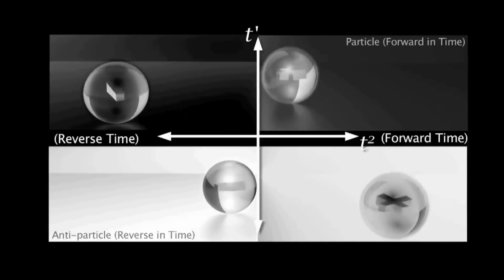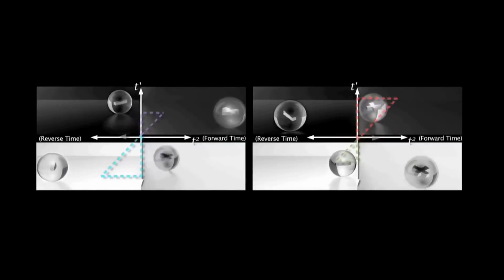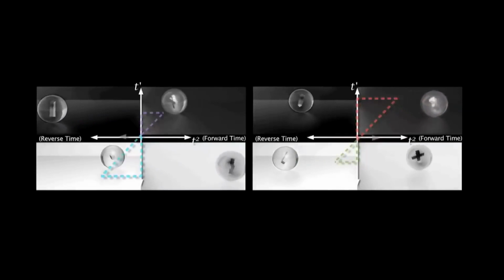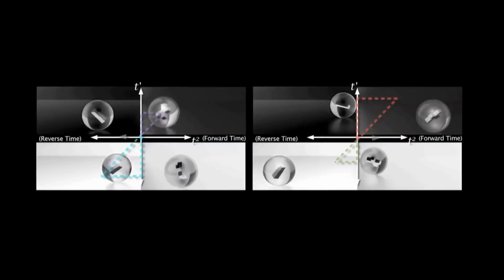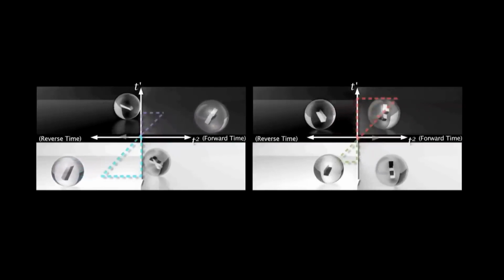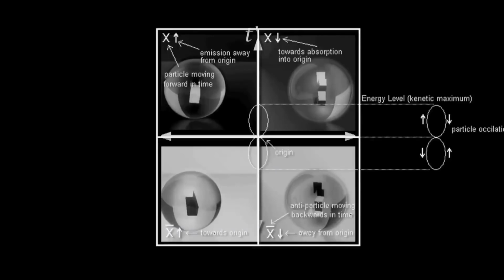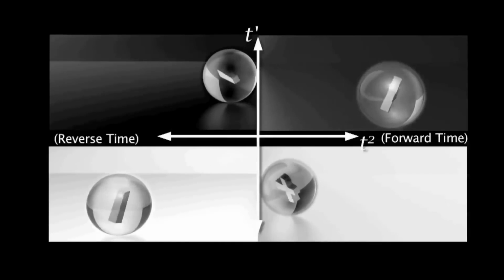In essence, the forward in time moving electron and the reverse time moving positron are trying to catch up with one another, but because there's a slight offset in time where one is in relation to the other, they never can quite get to where the other is by the time the previous one gets there, and vice versa. So they never collide.